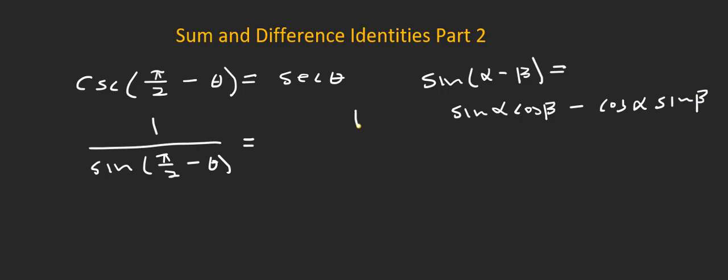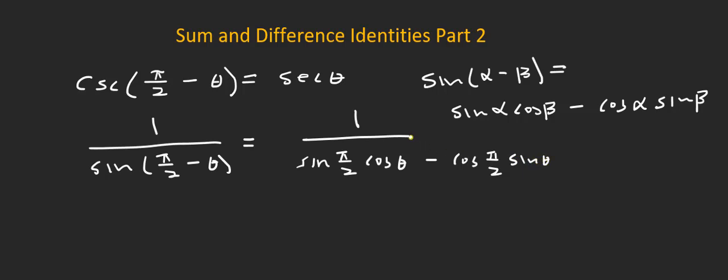So it will be 1 over. Now the alpha is pi over 2 and beta is theta. So it's going to be sine of pi over 2 cosine of theta minus cosine of pi over 2 and sine of theta.